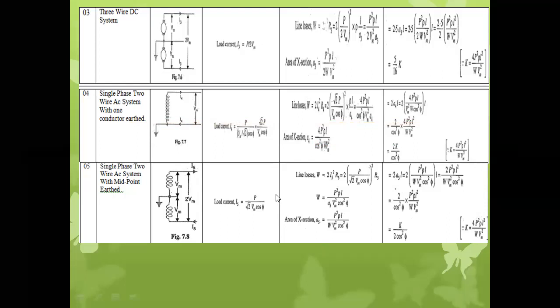What is your conclusion? Compare with the first case and tell me what the conclusion is. Yes, tell me, roll number 36.